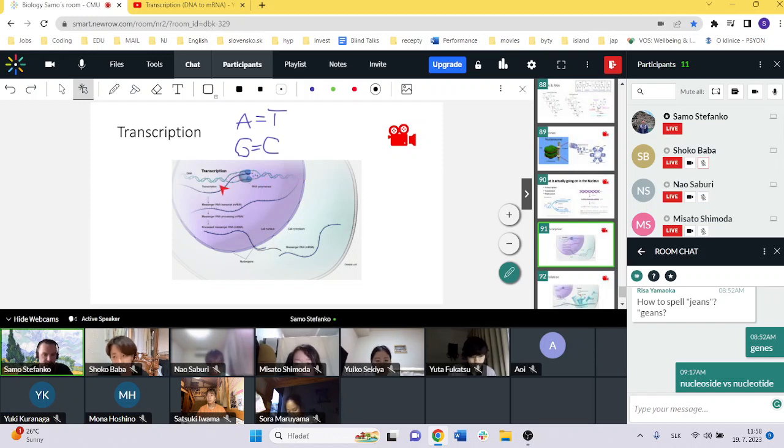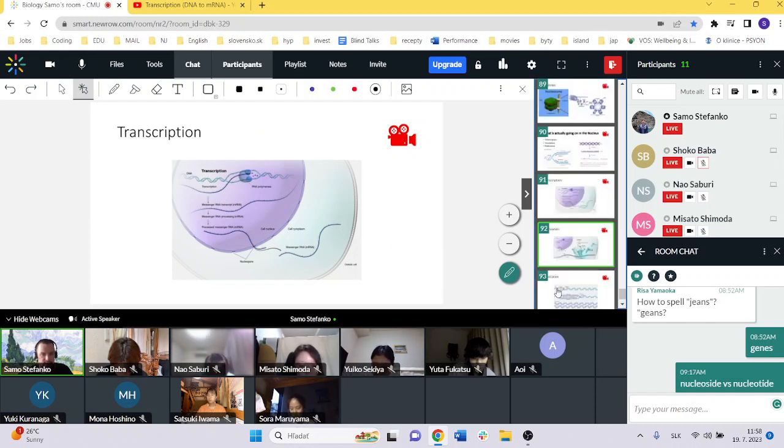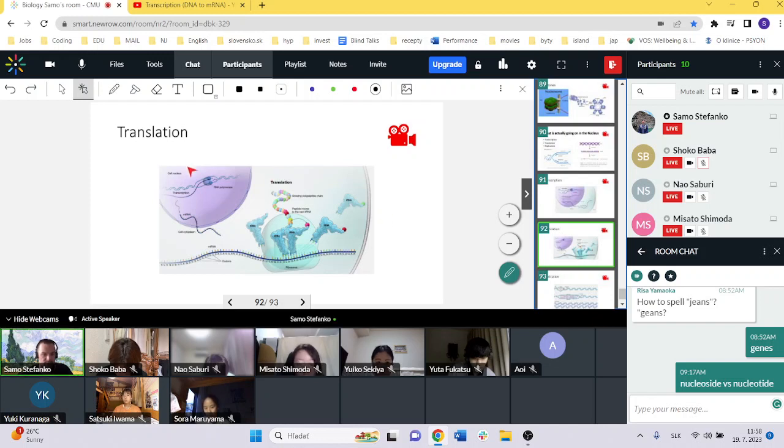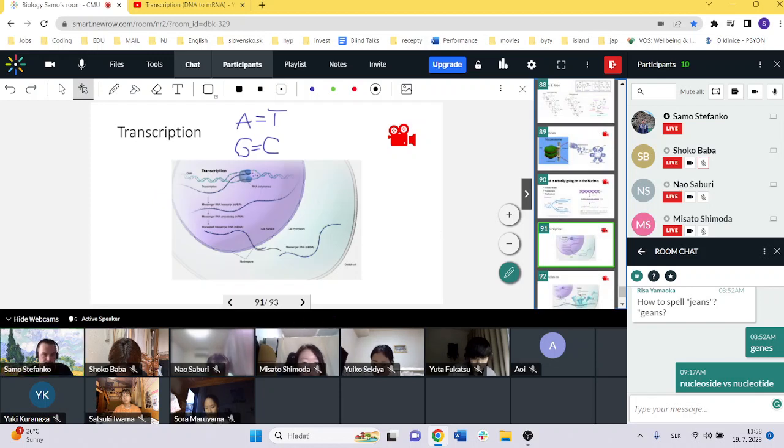We copy the recipe and we transcribe it, and the outcome is messenger RNA. Messenger RNA is produced in the nucleus, passes through the pores and gets to the cytoplasm, where the second step waits for us, and it's translation. So we will get there tomorrow.